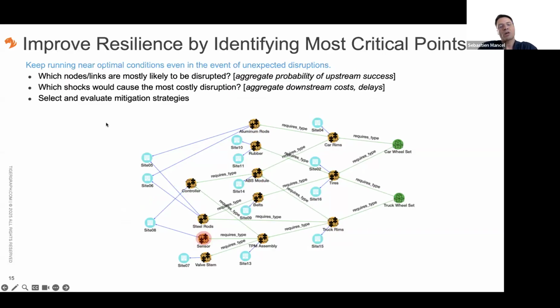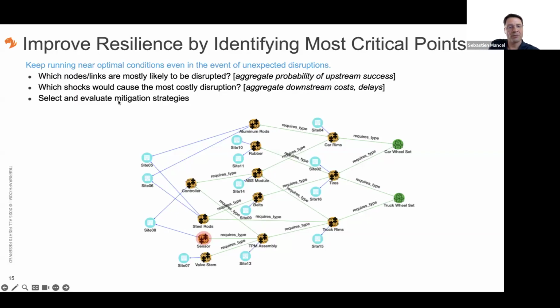Which shocks would cause the most costly disruption, and we calculate the aggregate downstream cost and delay exposure. This helps us prioritize where to focus mitigation strategies.